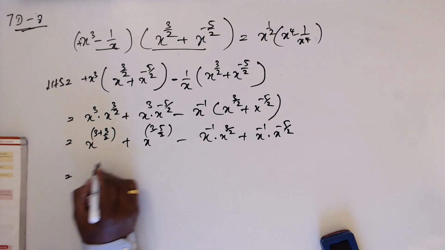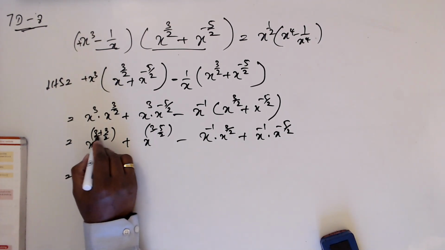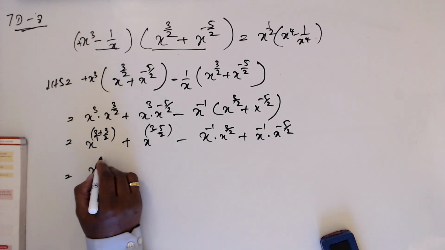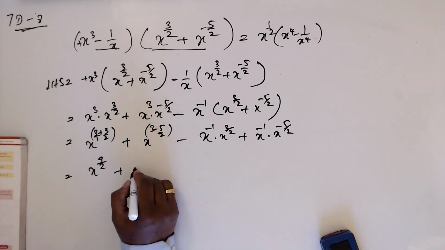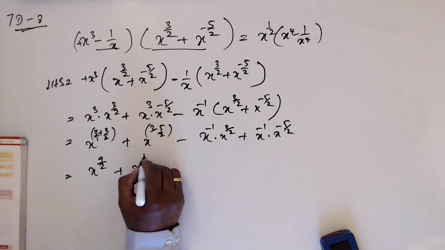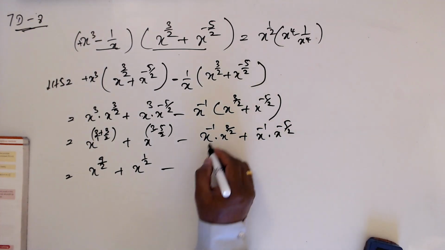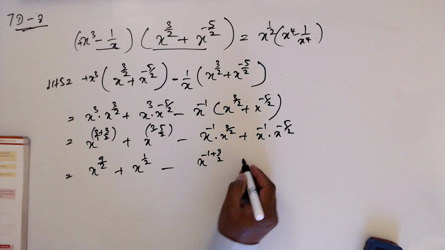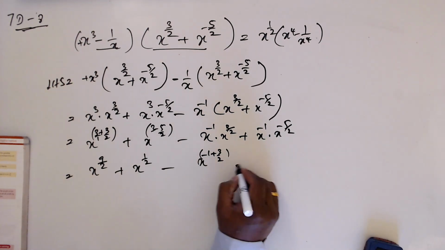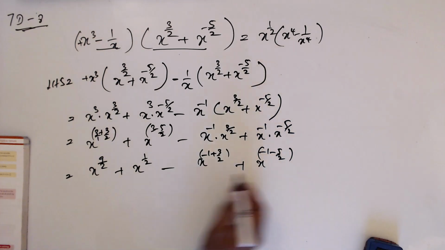So this is going to be x to the 9 over 2 plus this is going to be x to the 1 over 2. This is going to be minus x to the minus 1 plus 3 over 2 and x to the minus 1 minus 5 over 2.